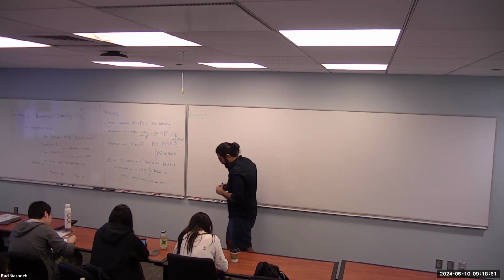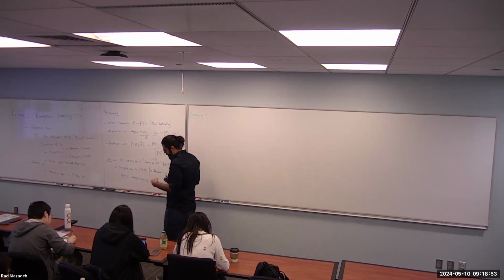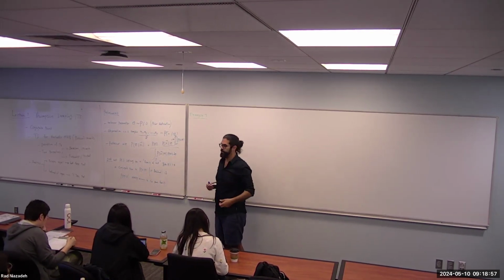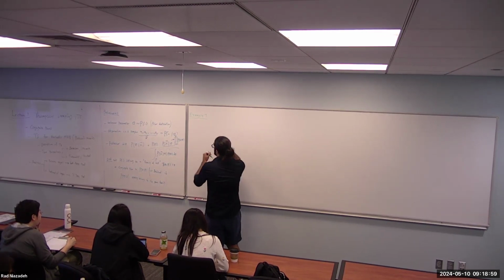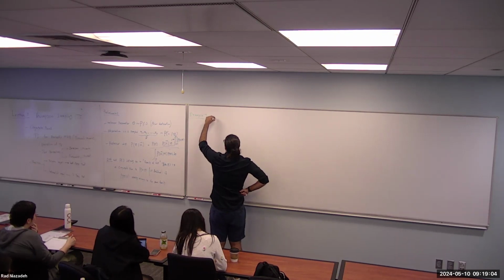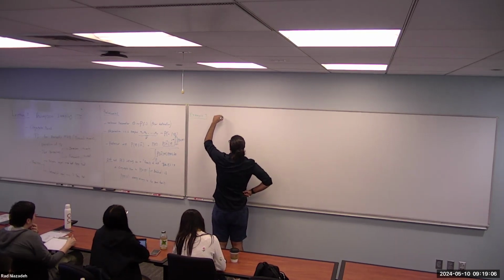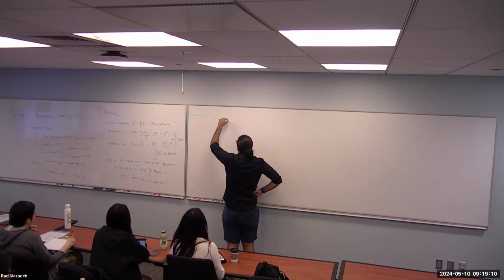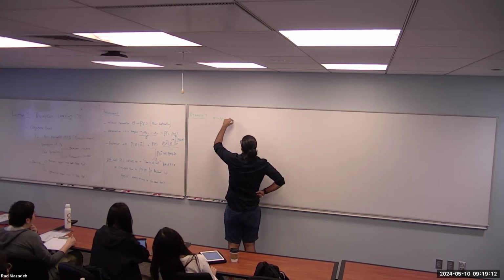Suppose you're trying to estimate the average of a random variable, in particular a Gaussian distribution. I'm imagining that my theta is drawn from some Gaussian distribution with a given mean and some standard deviation.